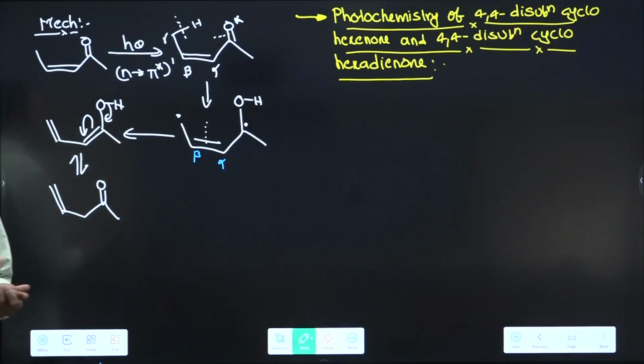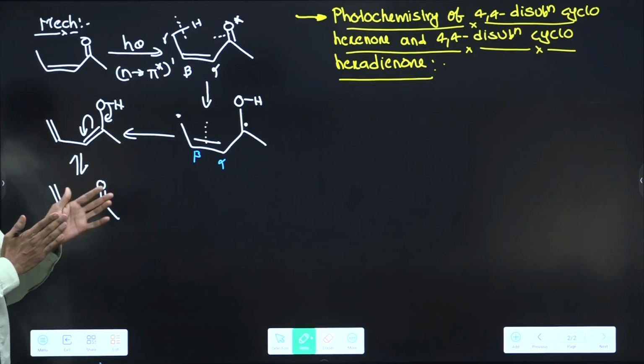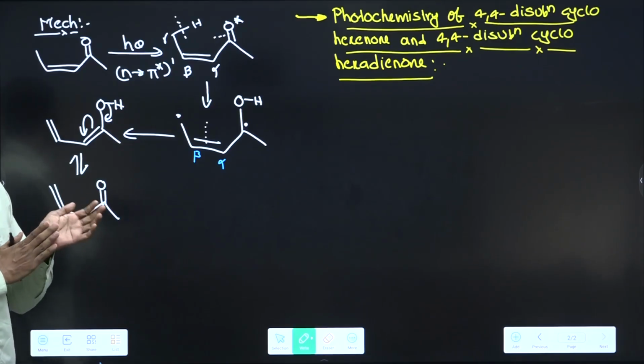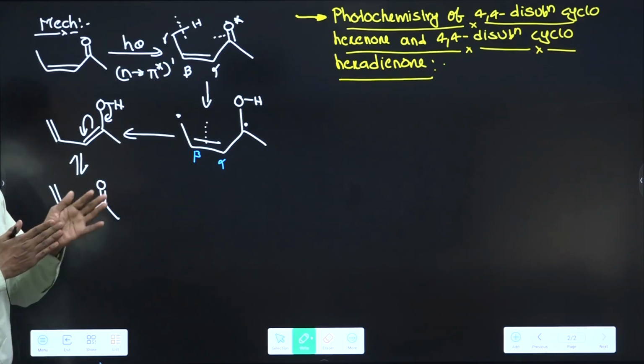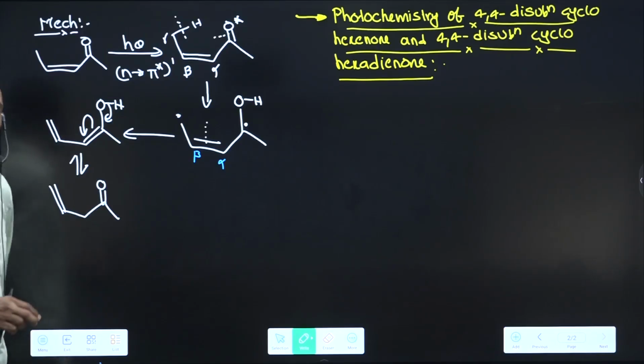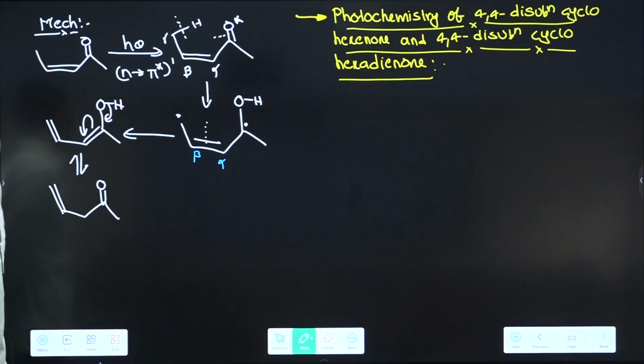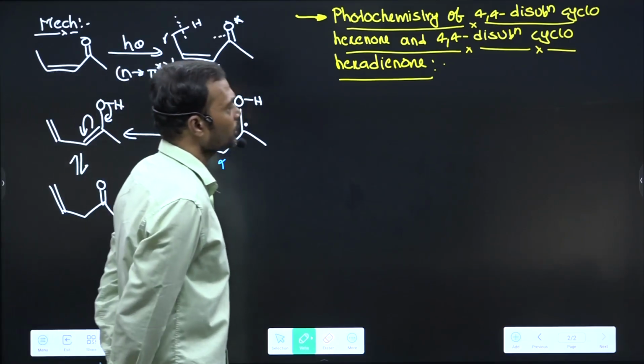This is a very important molecule. Photochemistry of 4,4 disubstituted cyclohexanone. One more is what? 4,4 disubstituted cyclohexadienone. Dienone phenol rearrangement. You know, dienone phenol rearrangement is one of the examples in this one.